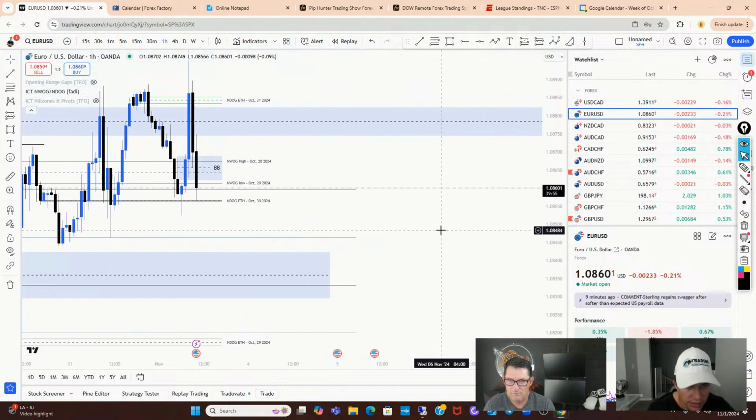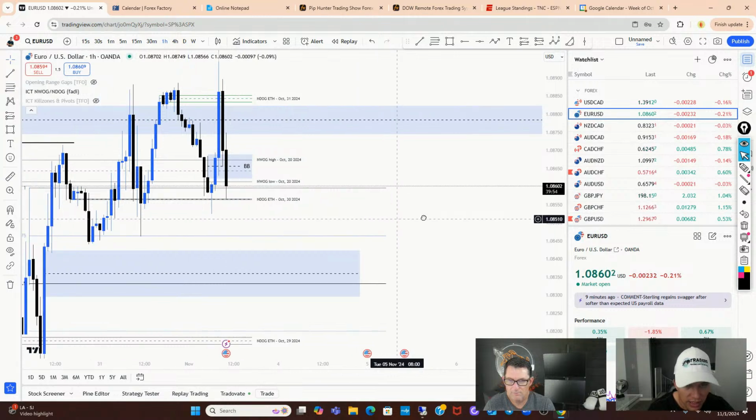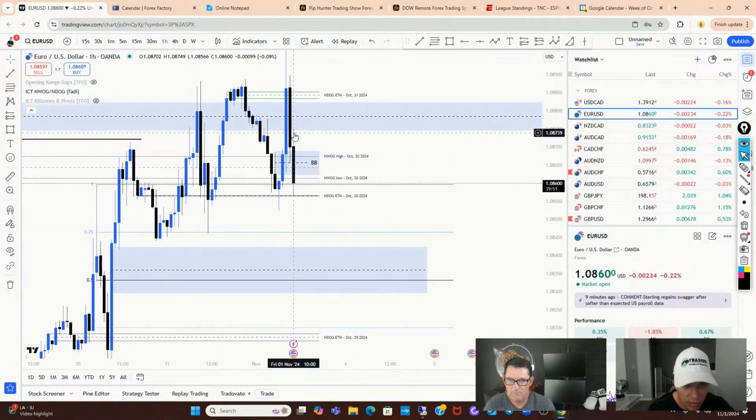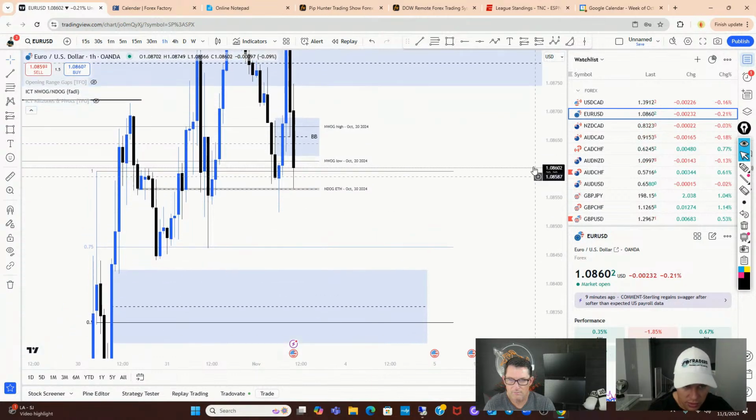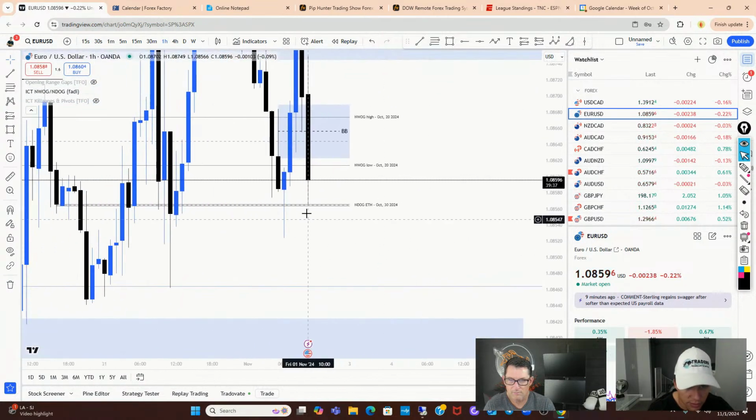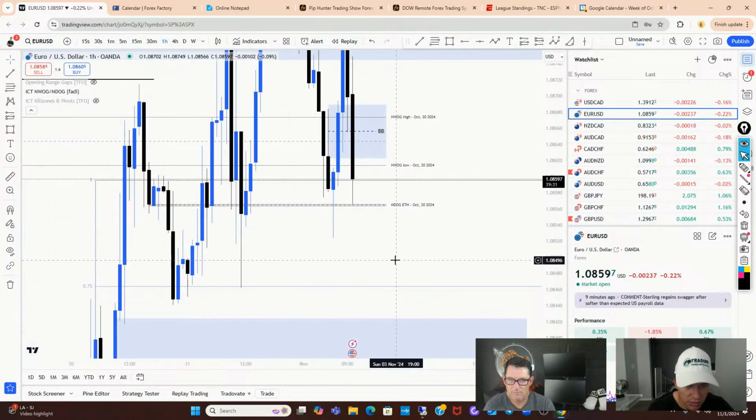We can see we're trading into our previous weekly opening gap, from last week's weekly opening gap. And here we have this new daily opening gap as support. So where price ran to this candle wick here, right at that new daily opening gap. Okay. So possibly we could reject from this area.